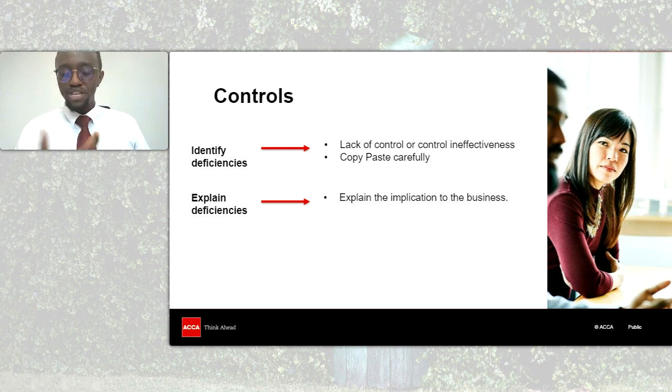And I want you to imagine you're explaining to me, and you'll tell me, you know what, Roger, if you don't do this, you will not be able to identify errors within your bank statement, within your cash book. And hence, there's a high chance of theft occurring without you detecting it on a timely basis.